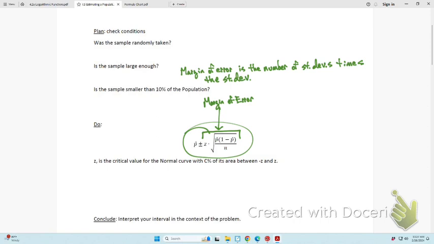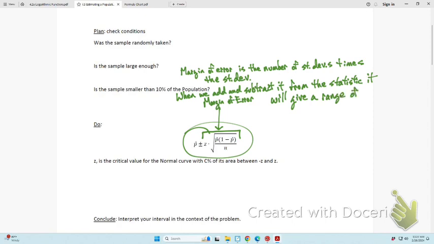And when I ran out of room there, when we add and subtract it from the statistic, it will give a range of values that is likely to contain the true value.